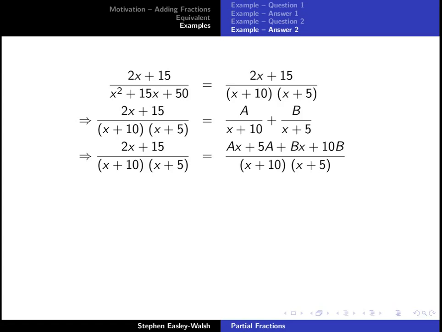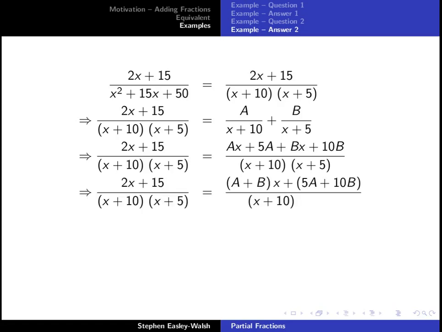Comparing the linear functions, after tidying up of course, in the numerator will give us the answer. In the numerator we have A plus B x and 5A plus 10B. So we are left with 2x plus 15 is identical to A plus B x plus 5A plus 10B.